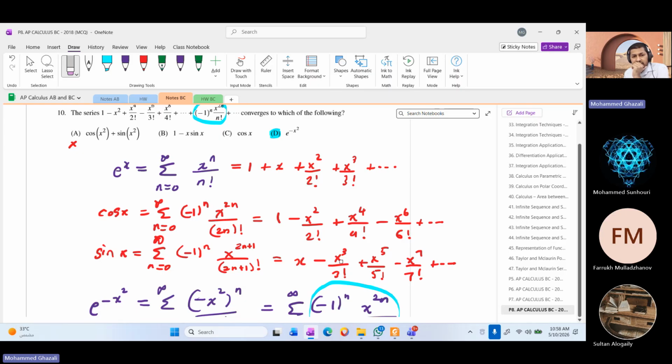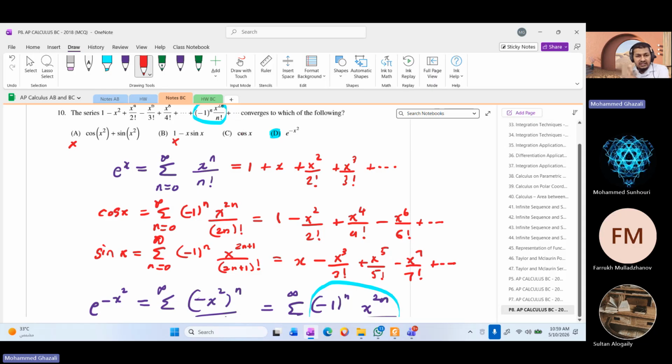I'm going to get x to the power 4 over 3 factorial. Just take the first two terms. So it's 1 minus x sine x. I take 1 and subtract x squared, I got 1 minus x squared. Then I'm going to subtract, so plus x to the power 4 over 3 factorial. I don't have x to the power 4 over 3 factorial. I got x to the power 4 over 2 factorial, so that's out.